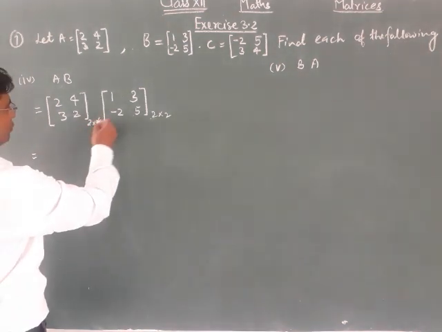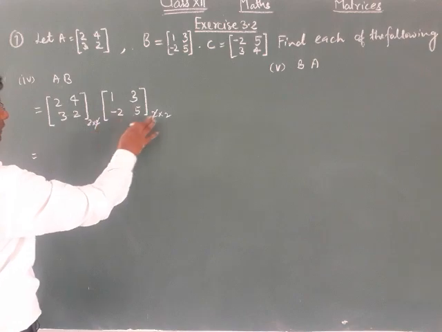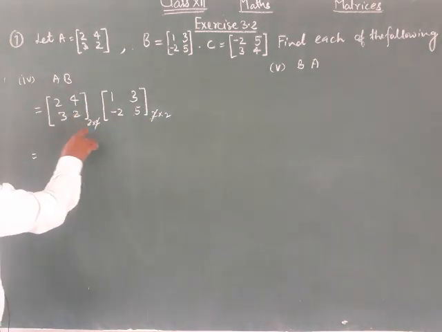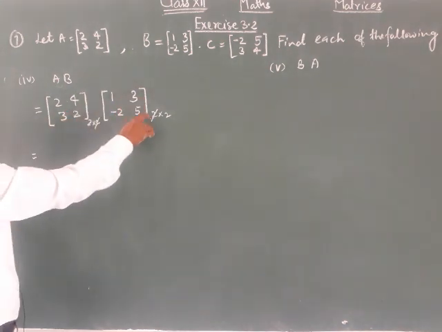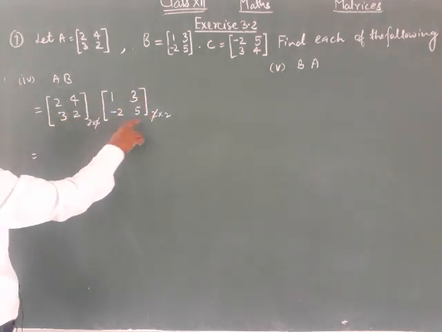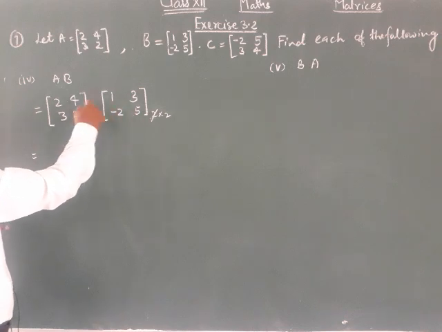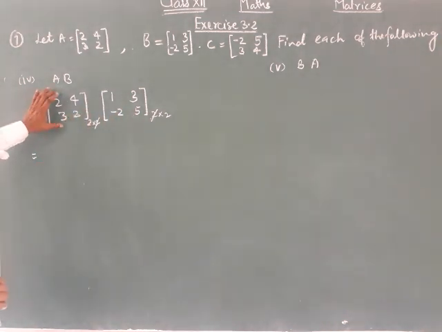So 2 and 2 are the same, so the matrices can be multiplied by each other.